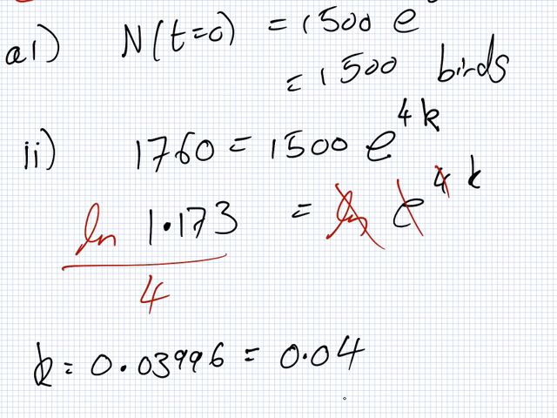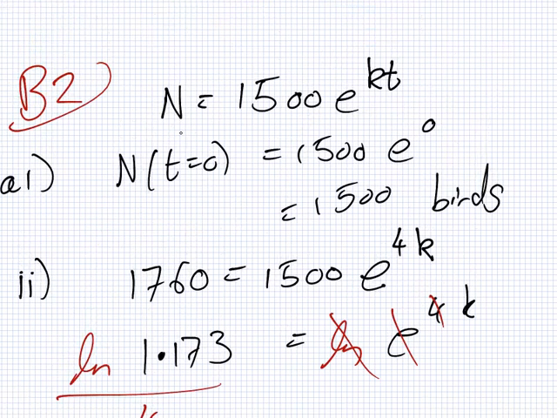What's the unit? It has a unit, the k. The unit for N is number of birds. What's the unit for t? Time, which in this case is years. Does anyone know the unit for k? They want the unit for the full marks.